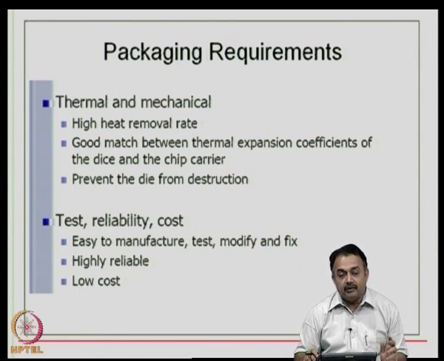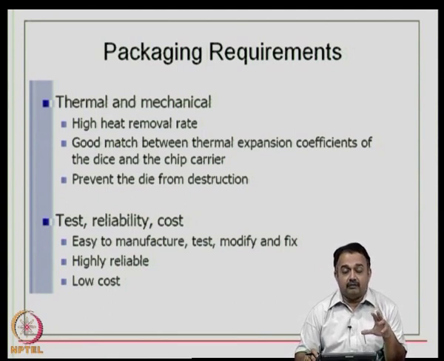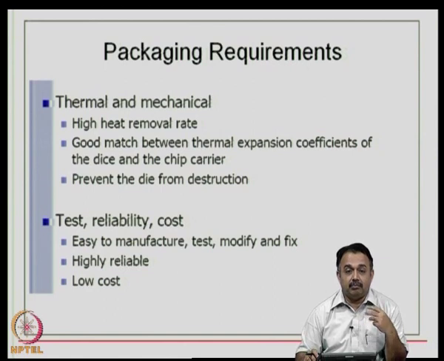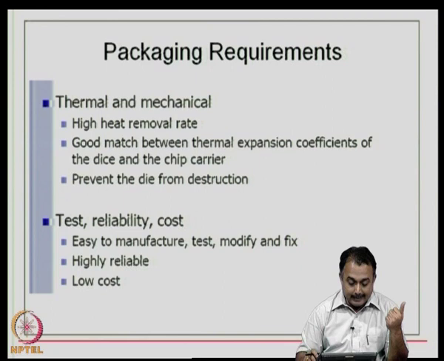Therefore, how do you take care of thermal mismatch when you are using these materials? But at the same time, for such a device you need to use a plastic because it is economic. Prevent the die from destruction during such thermal flare ups that can happen during the powering up of the circuit.